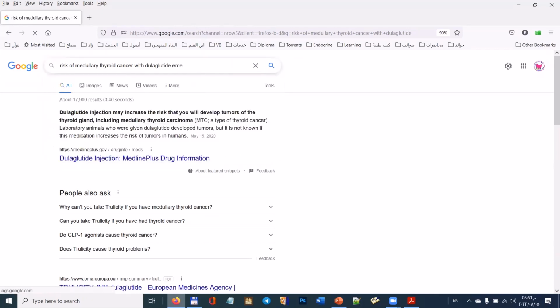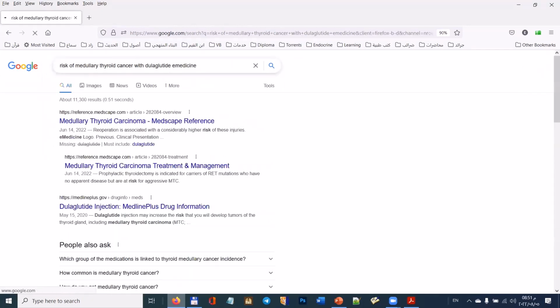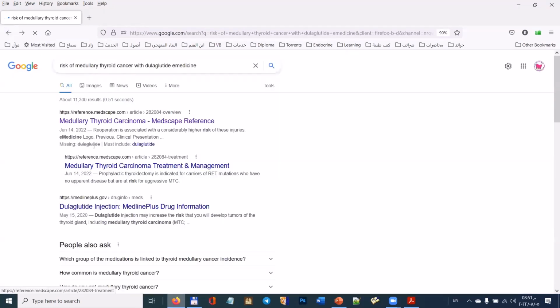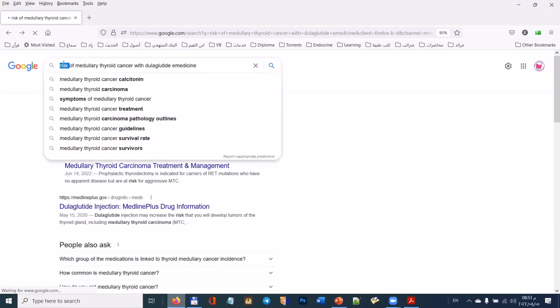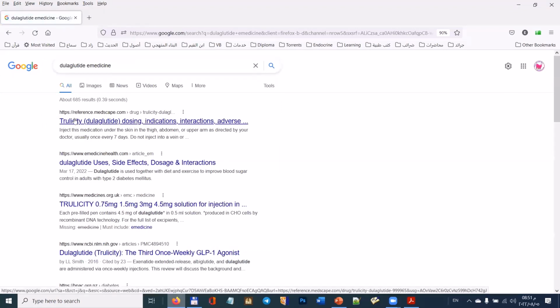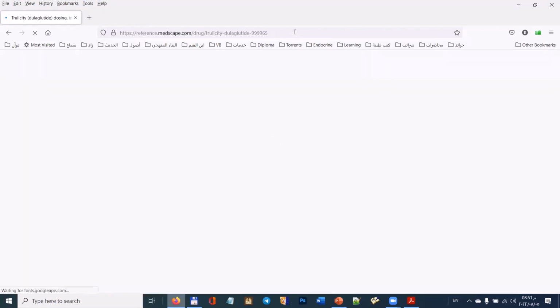I can go to the Medscape. But actually, in the Medscape, dulaglutide is not here, but I can go to the dulaglutide in the Medscape. I will go to the drug interaction.